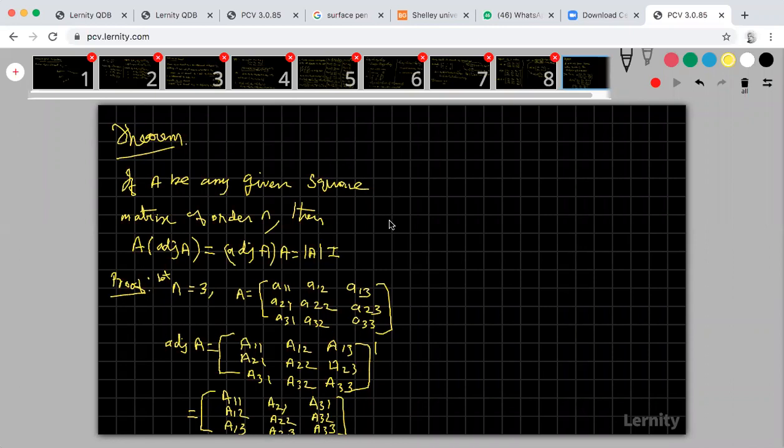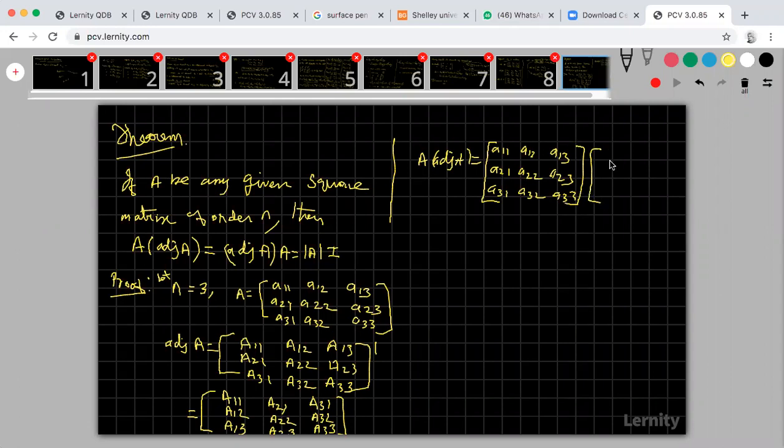Now look at that, my A into adjoint of A. I'm going to multiply my A and adjoint of A. What is A? A11, A12, A13, A21, A22, A23, and A31, A32, A33. This is my A. What is my adjoint of A?